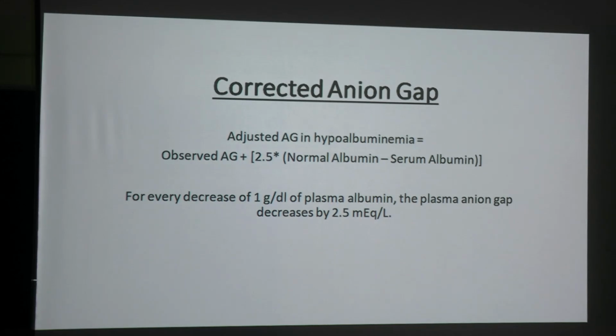So that will be the corrected anion gap. Normally, when plasma albumin decreases by 1 g/dL, the plasma anion gap decreases by 2.5 milliequivalents per liter. So the corrected anion gap is more precise.